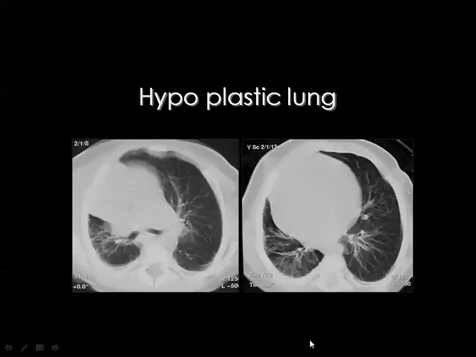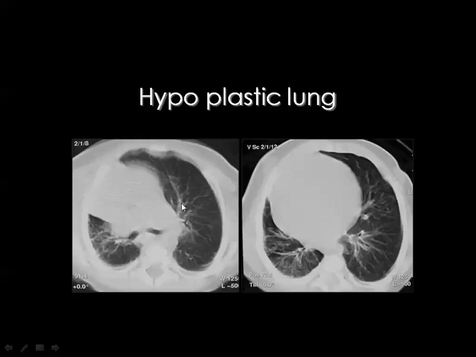Then in this example, you look to the CT scans of the chest, and you can see that there is a lung which is relatively small and another lung which is relatively large. And the cardiac shadow is a little bit deviated to the right side. And whenever you see discrepancy in the size of the lung, usually go to evaluate the pulmonary vasculature.